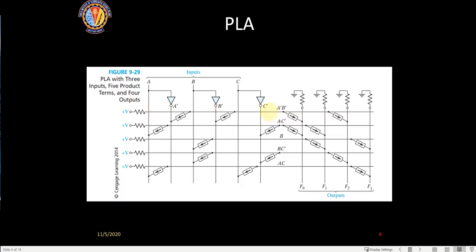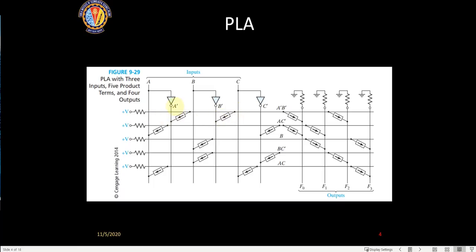Now for certain conditions I don't want a 1 to be available here. So what are those conditions? These diodes will define those conditions. This is put here as A bar and this is put as B bar.